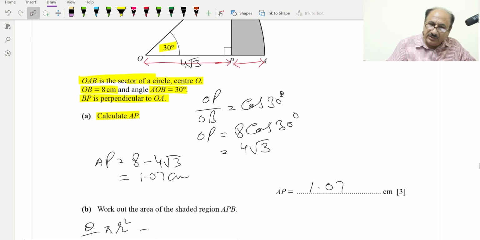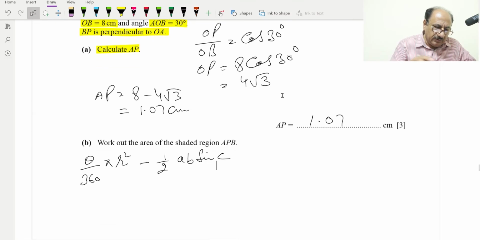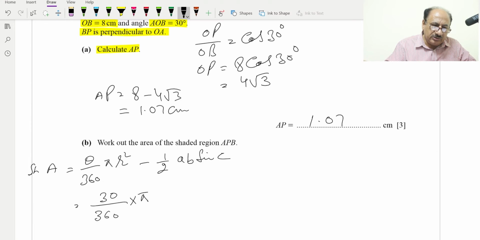So I will write here minus half into AB sine C, and this will be basically the shaded area. So we can write theta will be 30 over 360 into pi, and r is what?